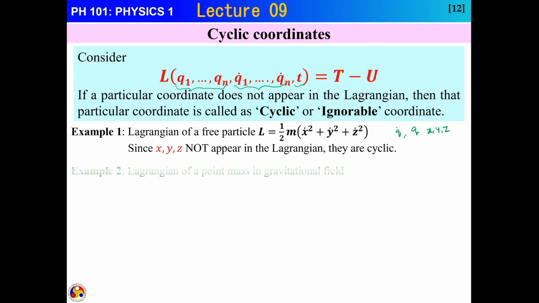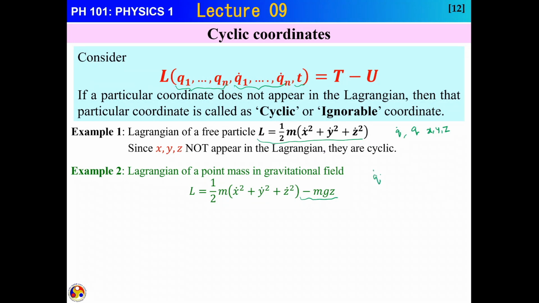Similarly, if we take a slightly different case, the Lagrangian of a particle in a gravitational field, the same equation turns up, but now with the additional term of potential energy. Now you have q dot and q as well, but q is limited only to the z direction, while x and y are still missing.